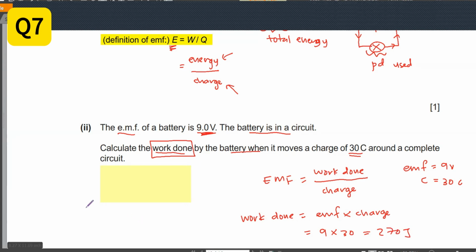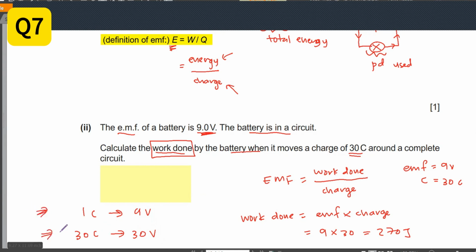So the idea is like this. If we want to push 1 coulomb of the charge, we will need 9 volts. Now we want to push 30 coulomb of the charge, we need more energy.